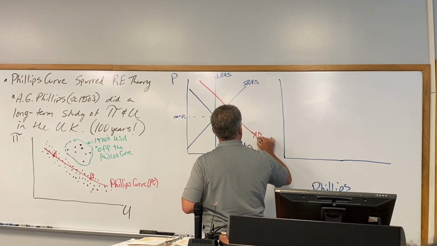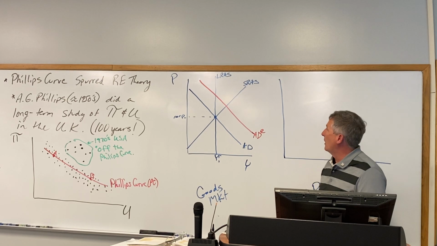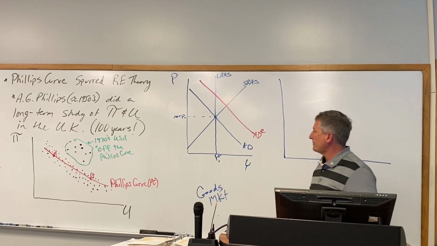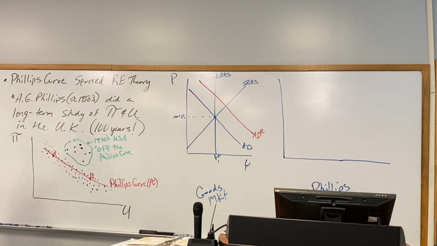But basically, people form an expectation of where they think the economy is going. So we're not there yet, but that's where we think the economy is going to go.